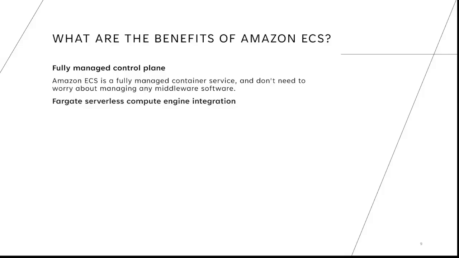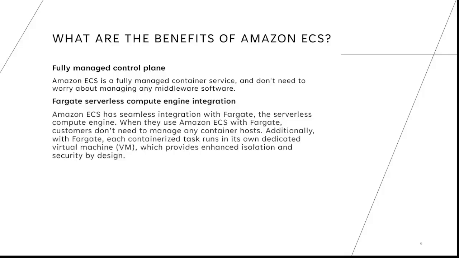Using the Fargate compute engine, you don't need to manage any container host. Additionally, with Fargate, each container task runs on a dedicated virtual machine, which provides enhanced isolation and security by design.